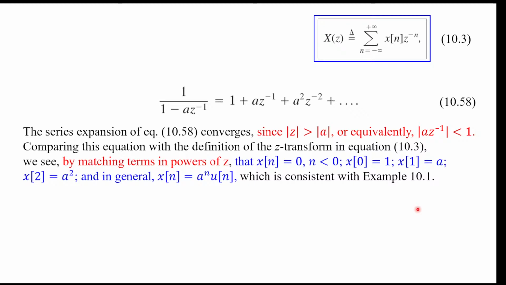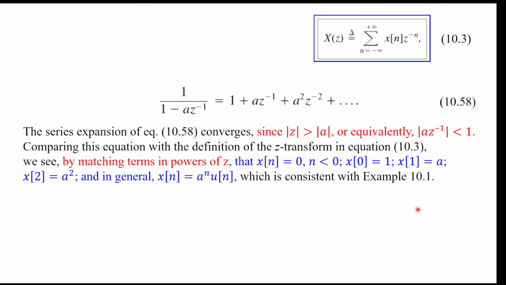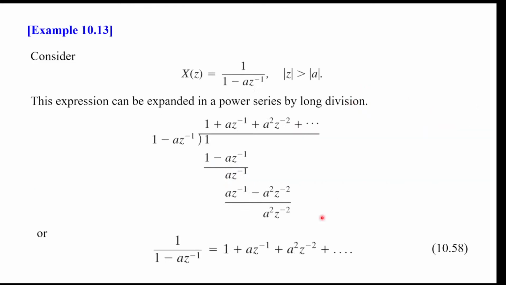Okay, and so if you remember what we did in example 10.1, basically we are reversing the calculation of example 10.1. In example 10.1 we said our x of n was this thing, then we used this formula to get that the big Z was this geometric series summation, and the geometric series sums to this.